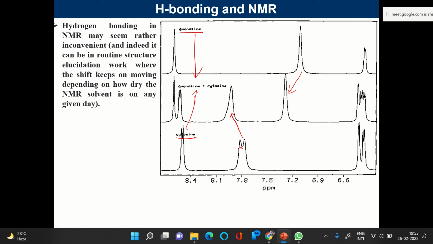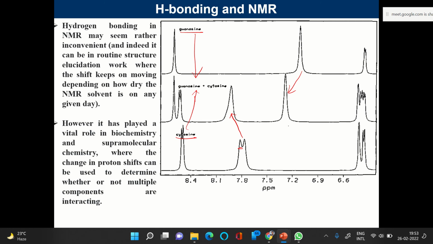The guanine and cytosine are located in such a way that they can interact, and a hydrogen bond has been formed. If they are separated enough in the structure, they can't form the hydrogen bonds. This is very helpful in biochemistry for explaining such structures, the change in shift of the proton NMR.